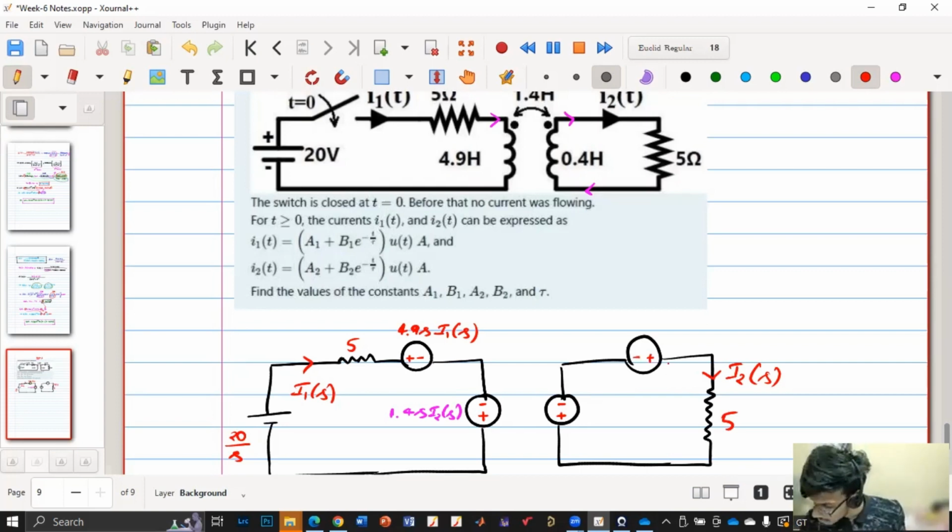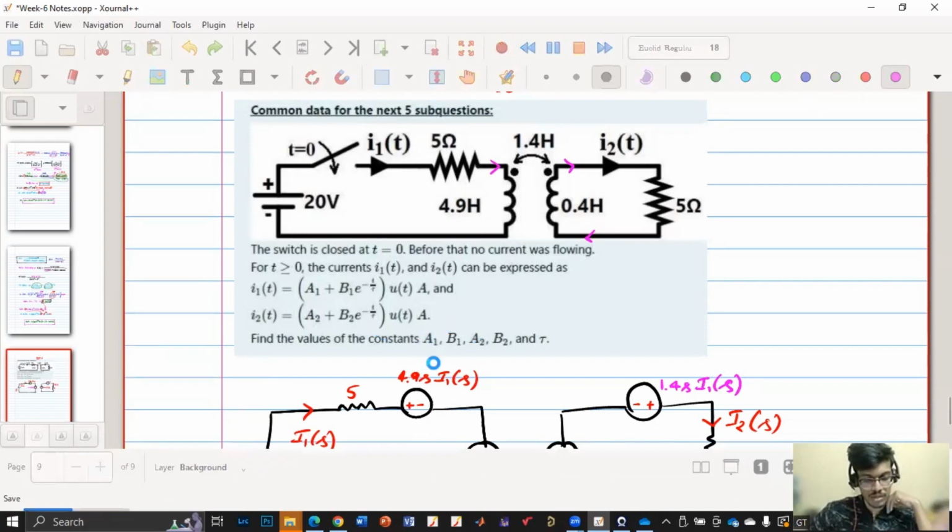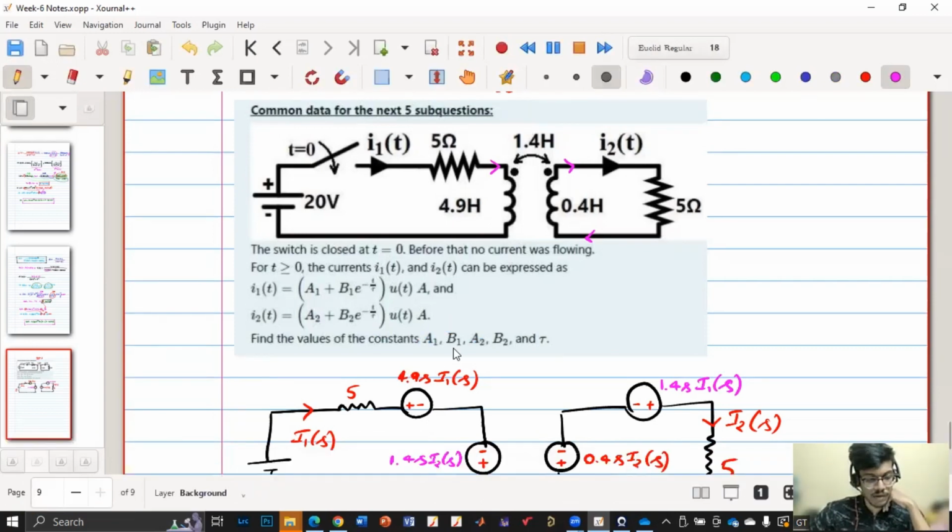So here self-inductance is 0.4 S into I2 of S. Now can you tell me for the mutual inductance part, what will be the voltage source? Sir, 1.4 S I1 S. Yes, you are right. So 1.4 S I1 of S. This is the most difficult part of this problem, drawing these voltage sources and converting them into the S domain.